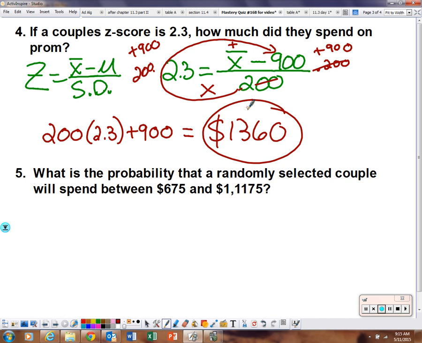Okay, and last one. What's the probability that a randomly selected couple will spend between $675 and, that's supposed to say, $1,175? So we have to do two z-scores really quick here. So z equals 675 minus the 900, divided by the 200. Okay, let's see what we get.